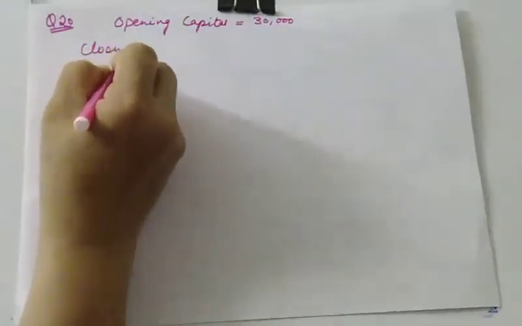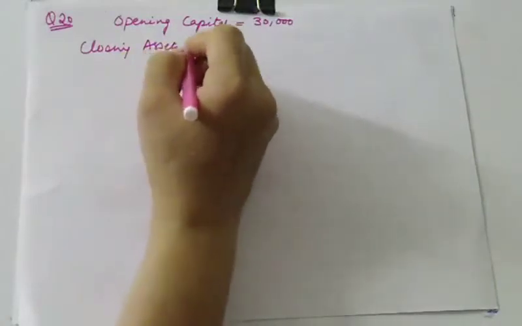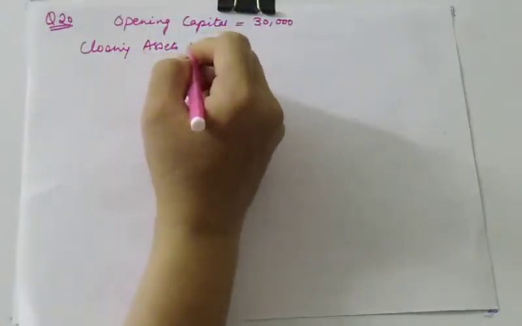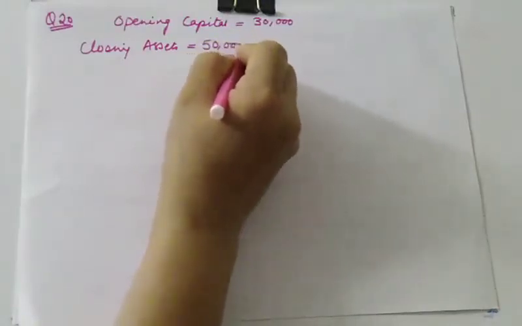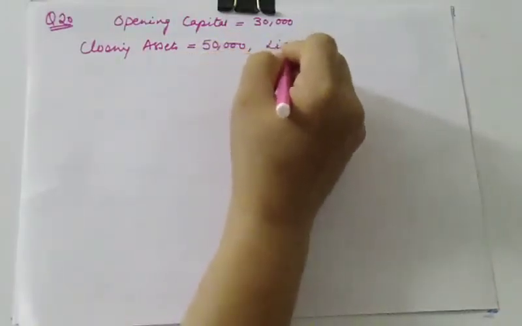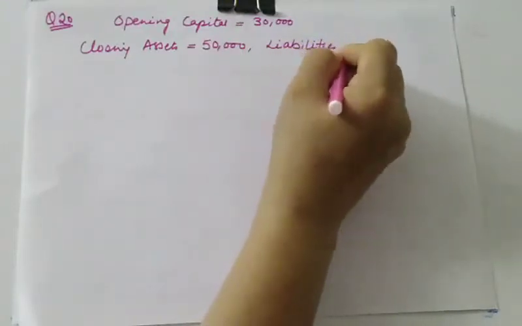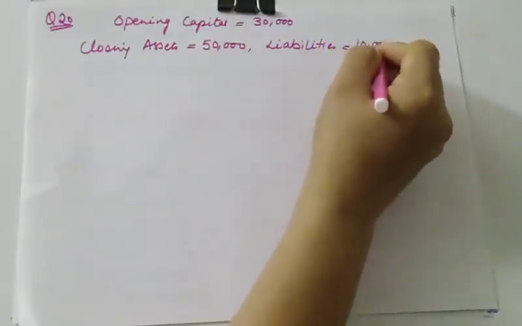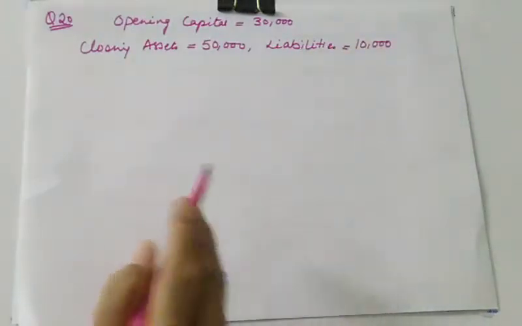Closing assets are rupees 50,000, and closing liabilities are rupees 10,000, and we are required to calculate closing capital and profit.